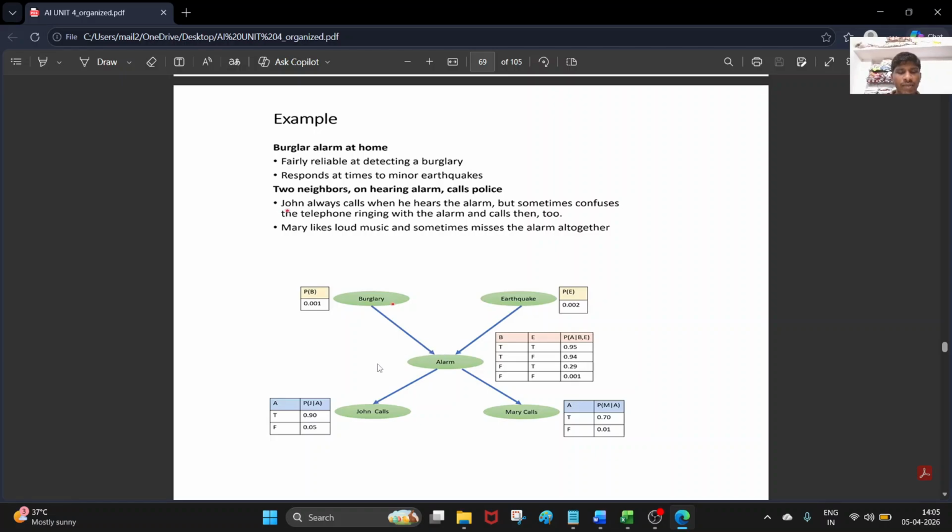So the grandparents have informed the neighbors, that is John and Mary, to call when the alarm rings or an earthquake has occurred. John always calls when he hears the alarm, but sometimes confuses the telephone ring with the alarm and calls them too. Mary likes loud music and sometimes misses the alarm altogether. So these are all the conditions.